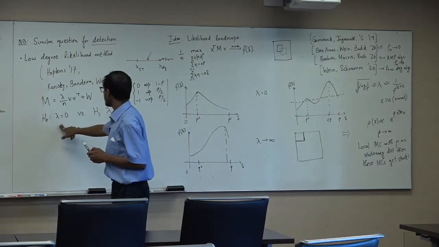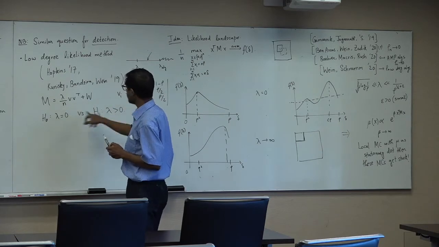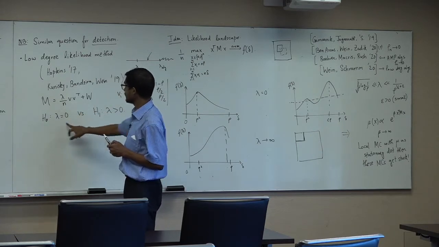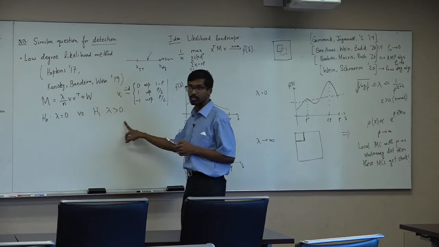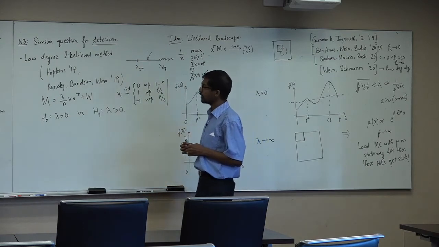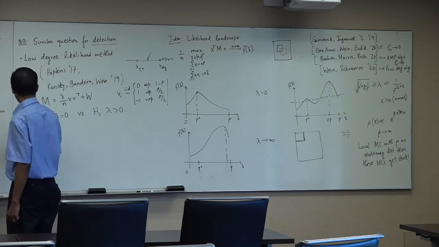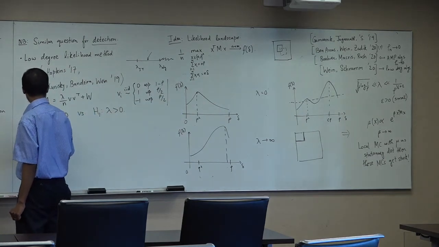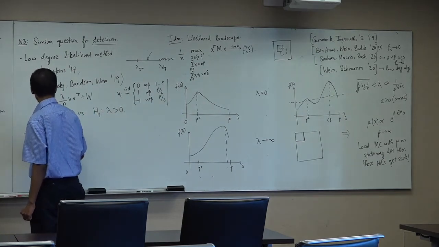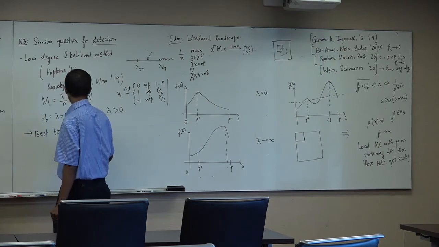Recall that this model is a completely Bayesian model. So this is a simple versus simple hypothesis testing problem. So the best thing that you can do is to do the likelihood ratio test, right? So the best test is the likelihood ratio test.